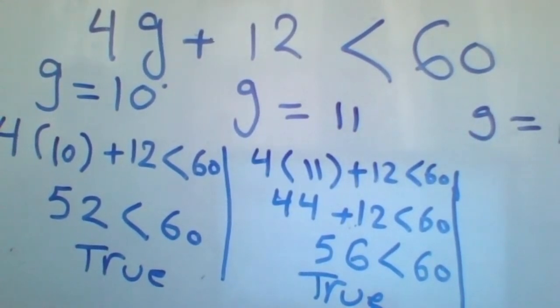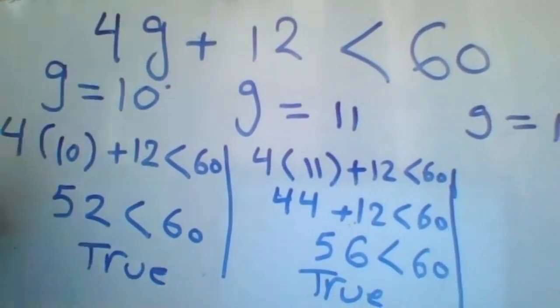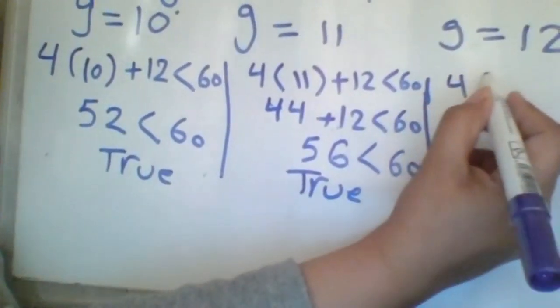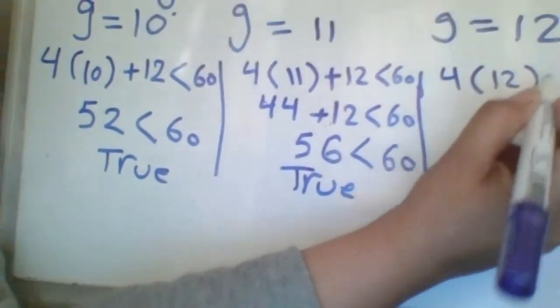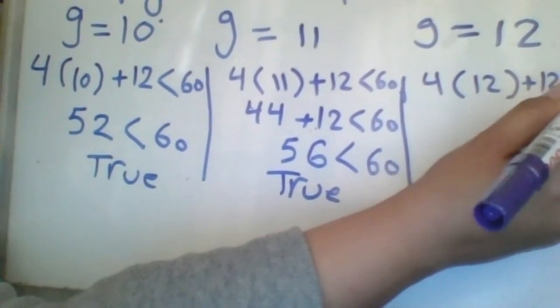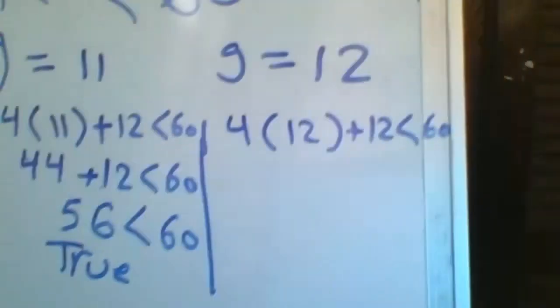Okay, Awad, go on, habibi. We will do 4 times 12 plus 12 less than 60, right?